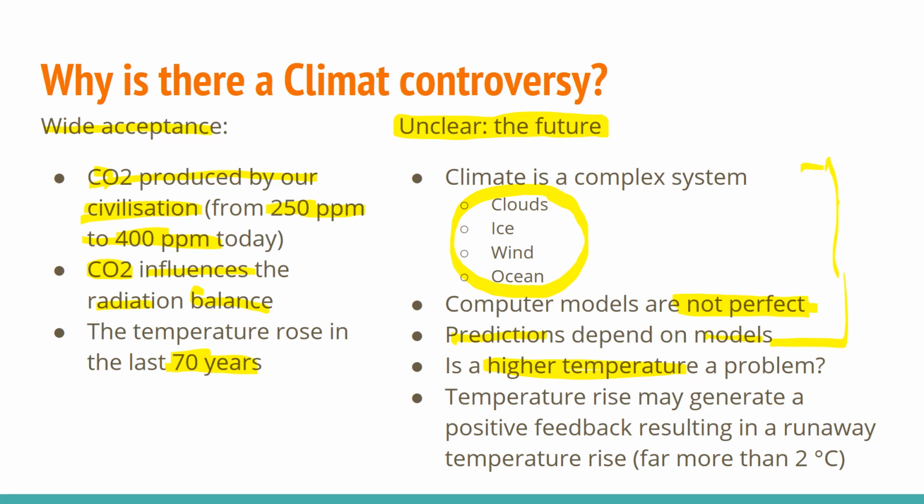So, the most dangerous thing is this so-called positive feedback. It may be that if the temperature is rising, additional effects like the melting of the ice or methane in some areas of the north going into the atmosphere, and we'll have not only a 2 degree rise that could be acceptable, but we can go far beyond that, maybe 5 or even 8 degrees.